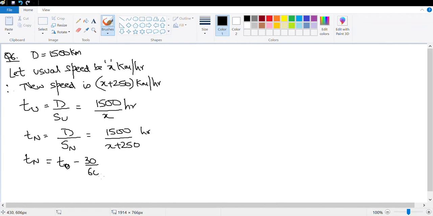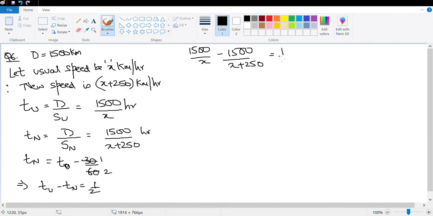Again, given in minutes, so I need to convert it into hour. Again, this is half. Let's take things in one side. So time usual minus time new is equal to half. So what is time usual? 1500 upon x minus 1500 upon x plus 250 is equal to half.